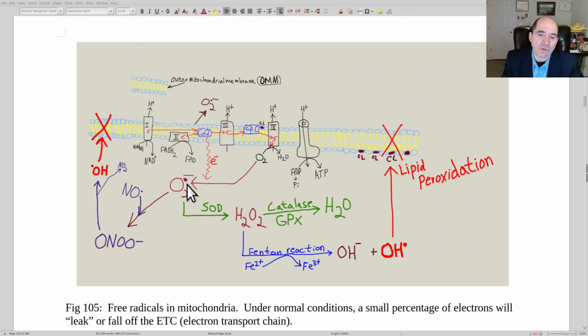Now, a little bit of this normally happens, and the body's ready for it. We've got this enzyme here, SOD, superoxide dismutase, and it will convert the superoxides into hydrogen peroxide, and then we can further neutralize them all the way down to water with these other enzymes like catalase or glutathione peroxidase, okay, and make them into water. It's totally harmless, no big deal, okay?